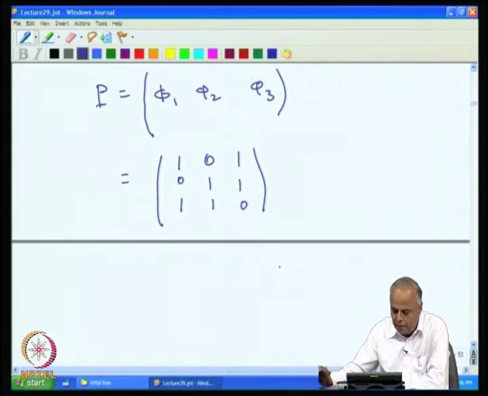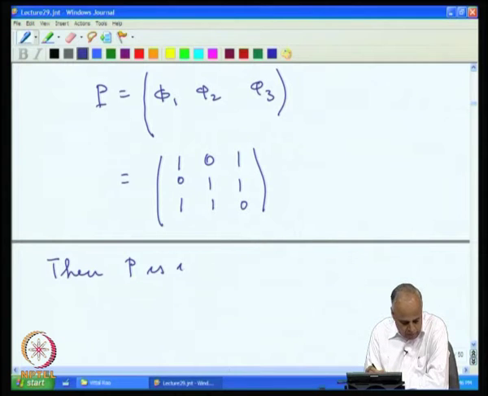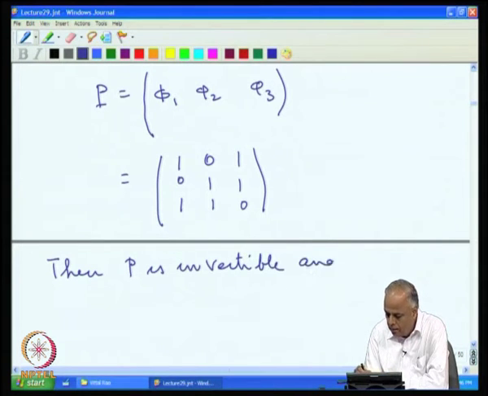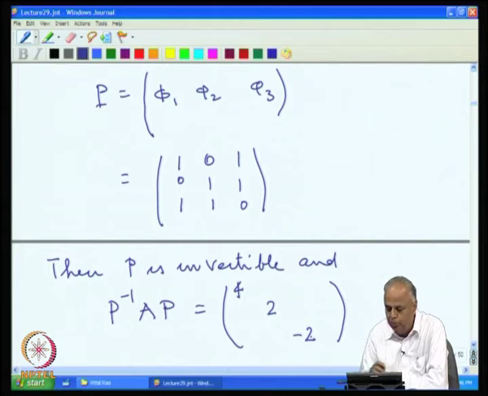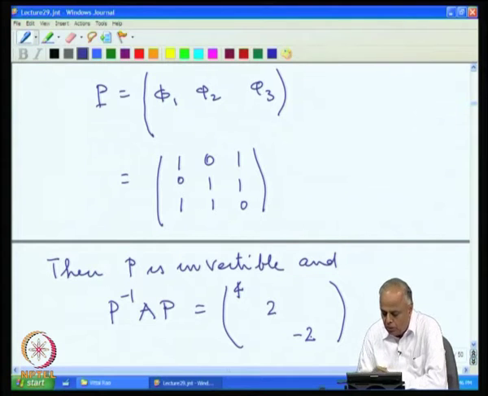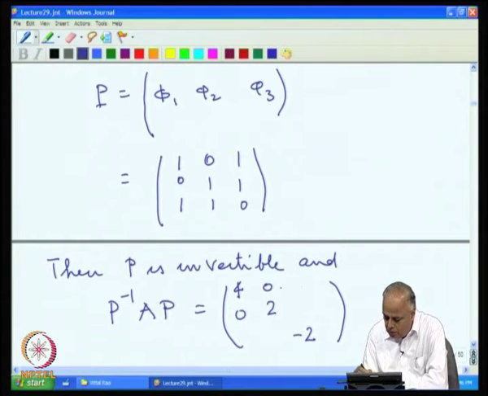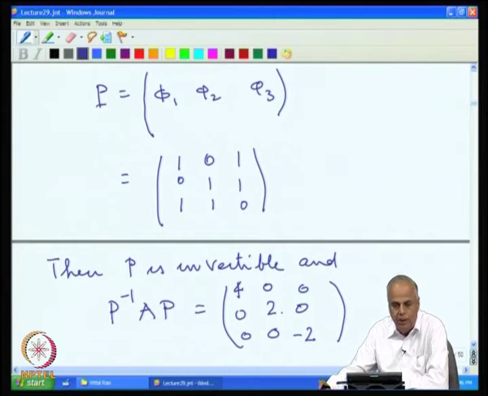If we take this matrix, then P is invertible and P inverse A P will be, the first column corresponds to the eigenvalue 4, the second column corresponds to the eigenvalue 2, and the third column of P corresponds to the eigenvalue minus 2. So, these eigenvalues will come in the diagonal and all other entries will be 0.